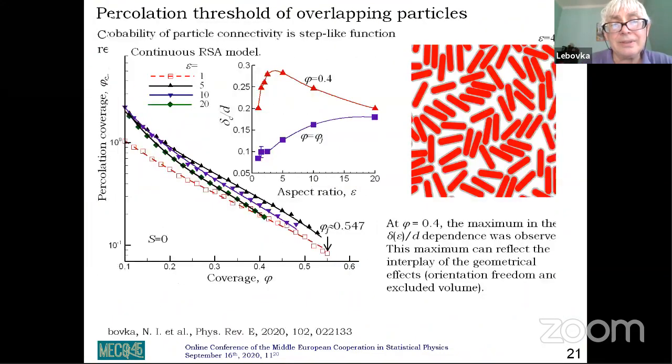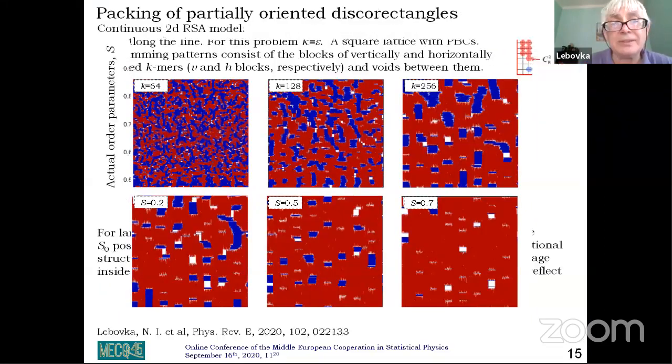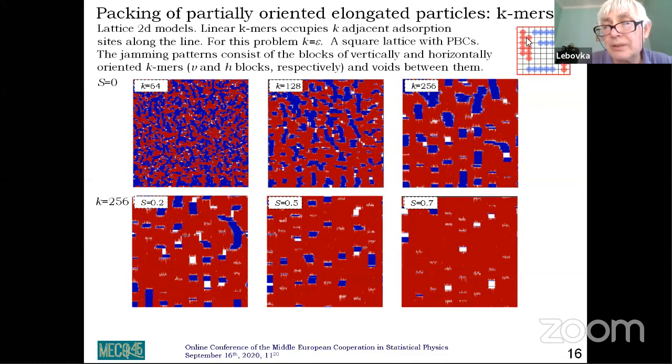And the similar problem has been analyzed also for elongated particles oriented on the lattice. Here, on the lattice model, we orient our particles only along the orientation of the lattice.